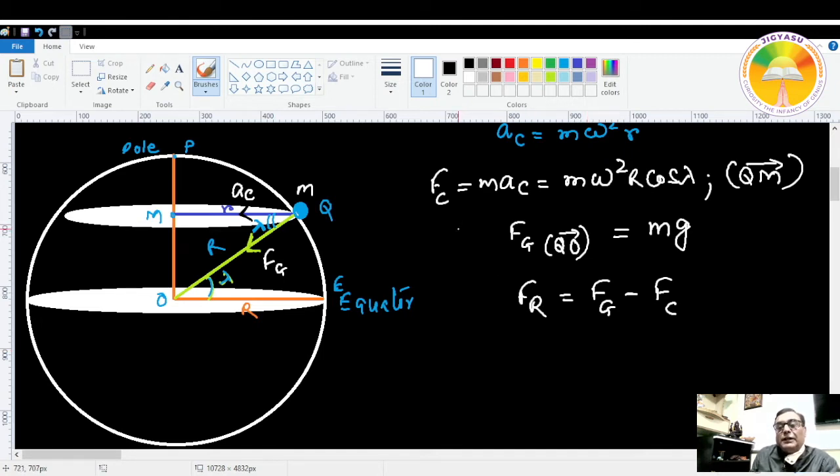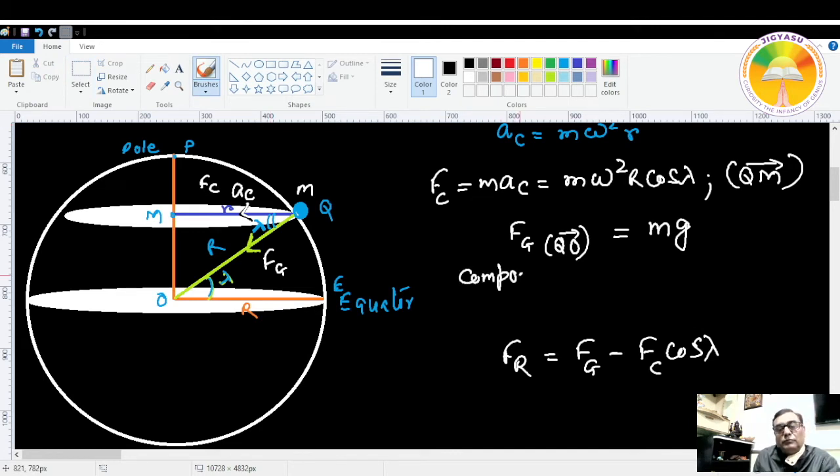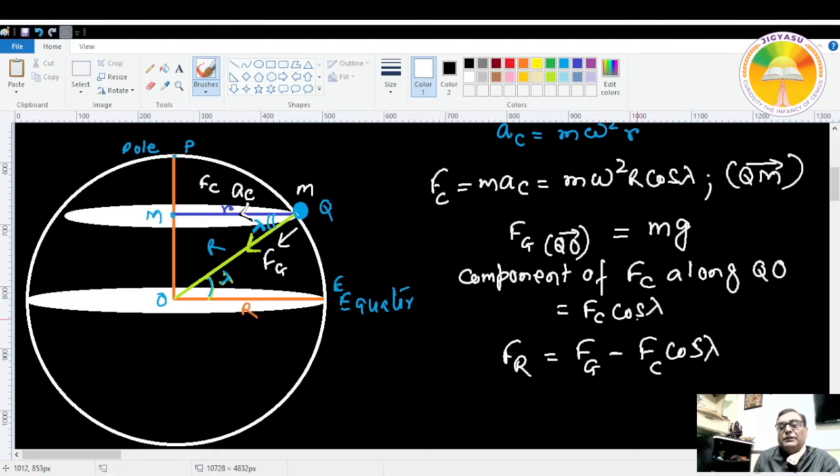Now Fc cos lambda. This Fc is acting towards QM. So the component of Fc that will be acting along QO would be given by Fc cos lambda.